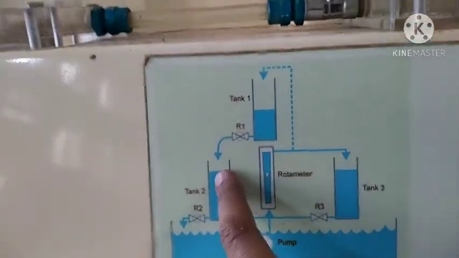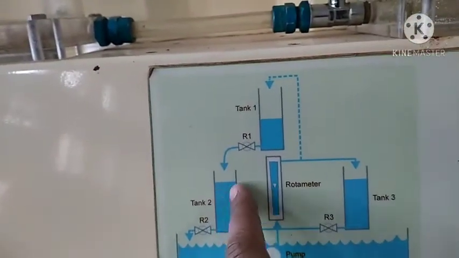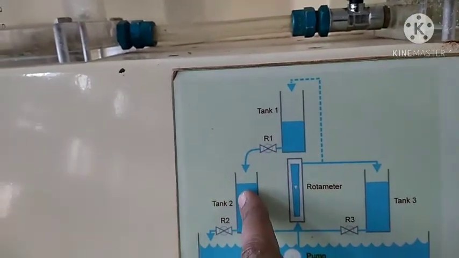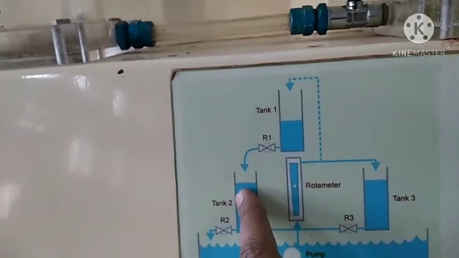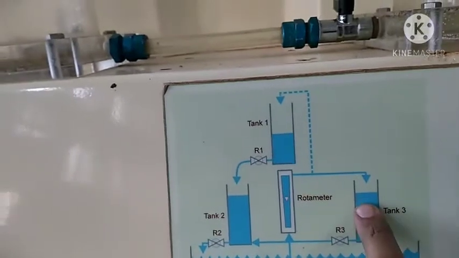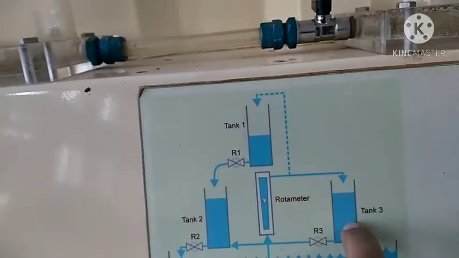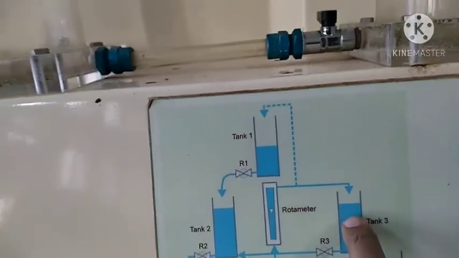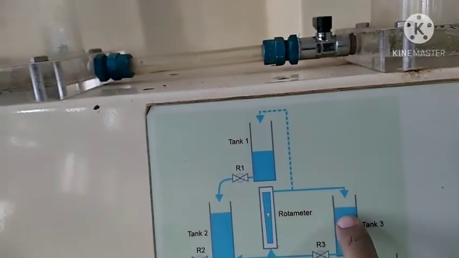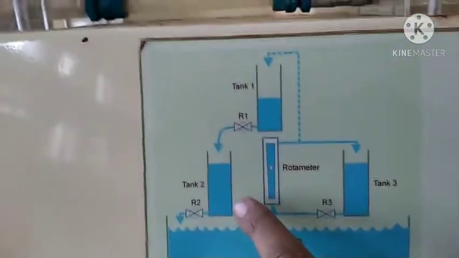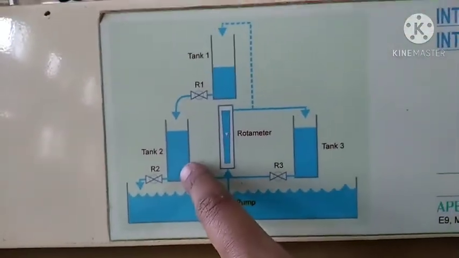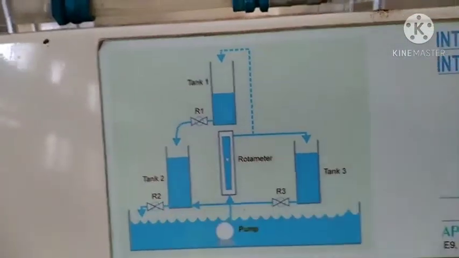Suppose I change the head in tank 1, it is going to affect tank 2, or the flow rate coming to tank 3. If I change the head in tank 3, it is going to affect tank 2. So this is an interacting system.